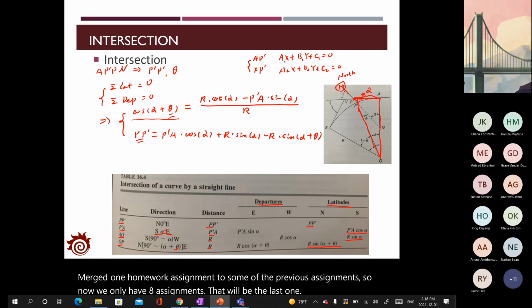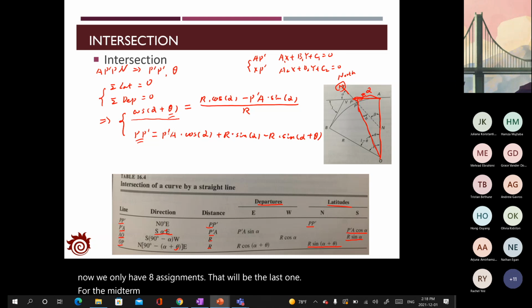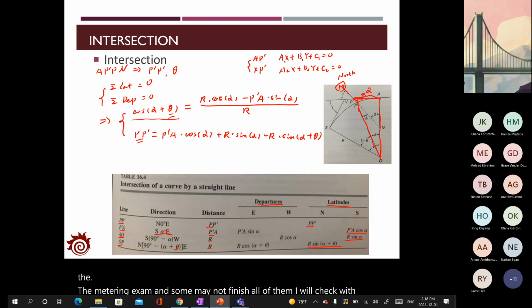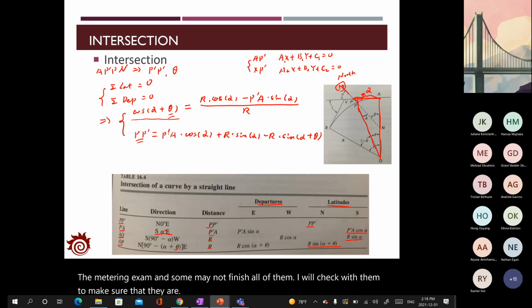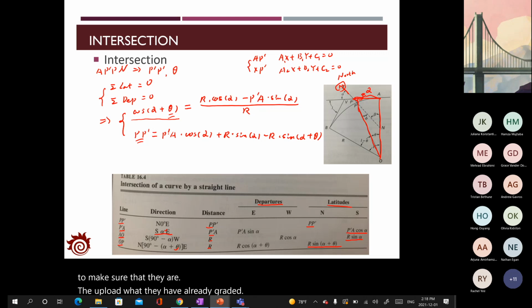And for the midterm marks, I think some TAs have already finished grading the midterm exam, and some may not have finished all of them. I will check with them to make sure they upload what they have already graded. I remember 2 TAs have already uploaded their results.